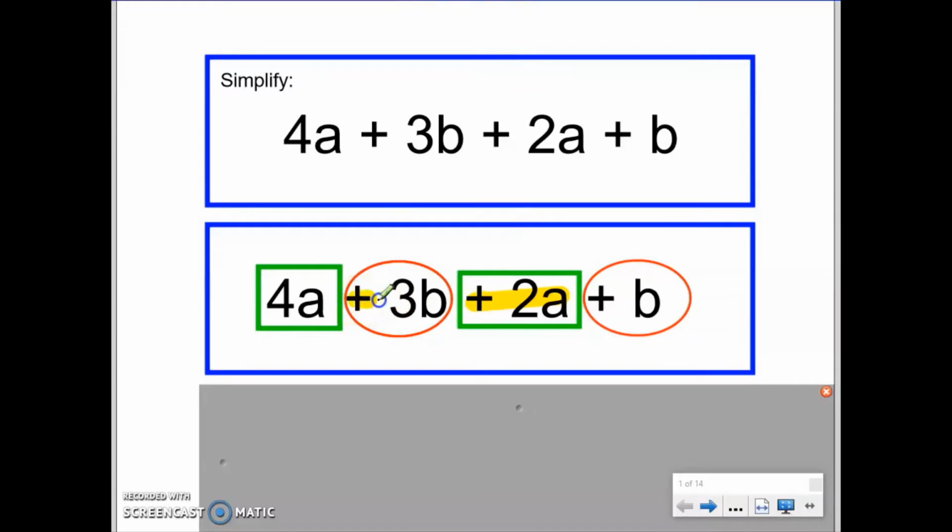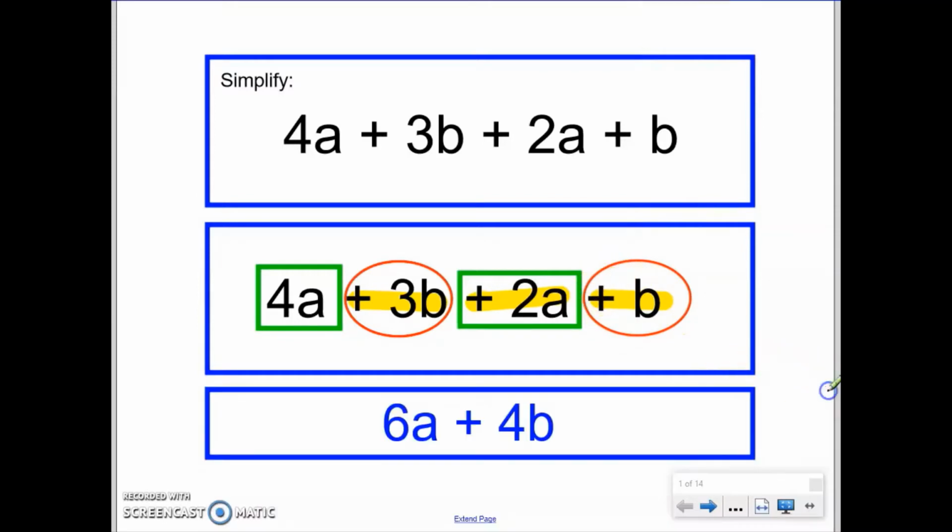I start with positive 3 b's, and then I'm going to add on 1 extra b. That's going to leave me with 4 b's. Little reminder that when there's not a number in front of a letter in algebra, we always assume that it is 1. So when I simplify this expression, it now looks like this: 6a plus 4b.